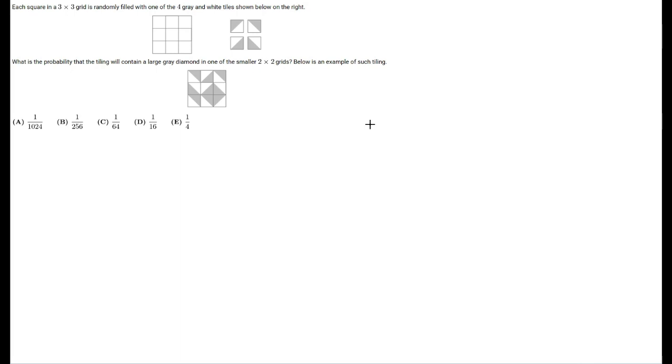So the total is going to be equal to 4 to the 9th power. That in our case would be our denominator. So let's just write that here. That's our denominator in our probability.